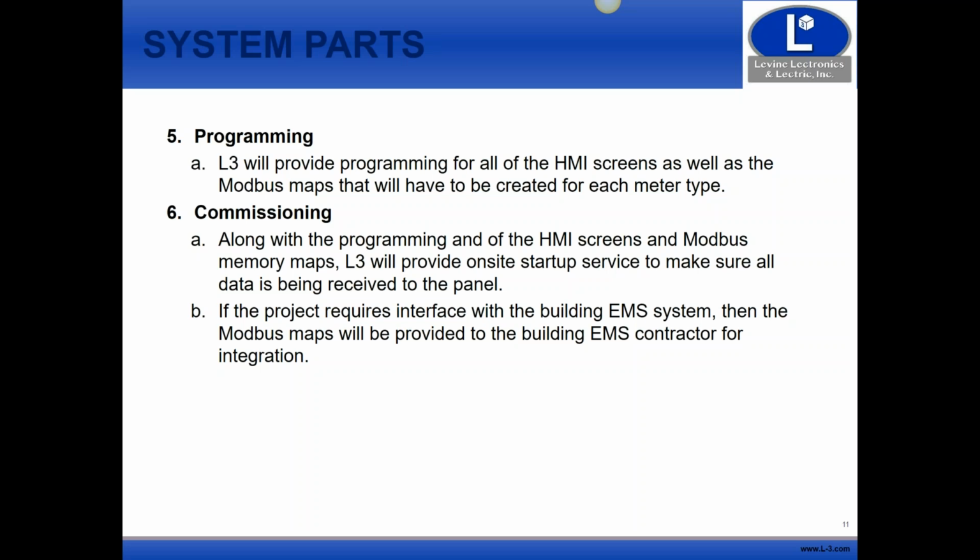So there is some type of conversion done within the panel or within our HMI. We will provide documentation to the customer so that they can give it to the building EMS supplier, such as Johnson Controls or whoever it is. That way they know how to get that data out and provide it to that system. So that's all part of our package that we put together.